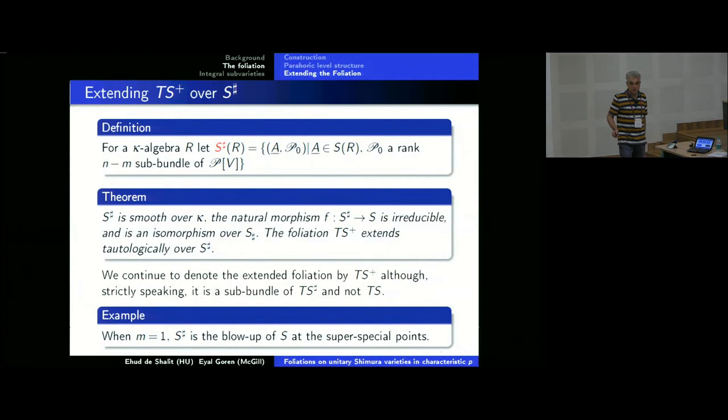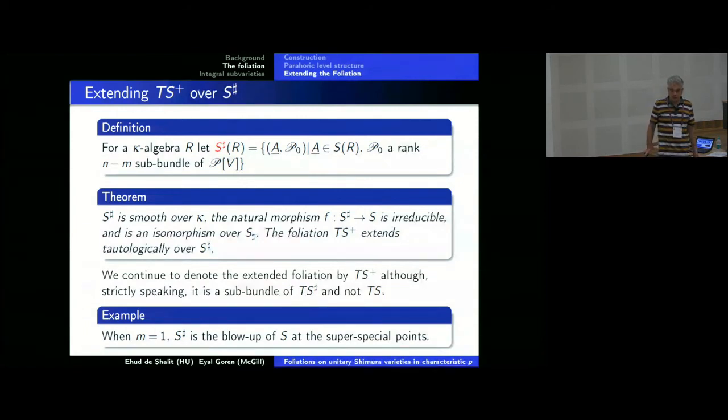You lost the property of Kodaira-Spencer being an isomorphism, so you are afraid that it's not going to work. It nevertheless works. It takes some little effort. And so the situation is this: we have extended this foliation all the way, not on S, but over this S sharp. That's a successive blow-up.